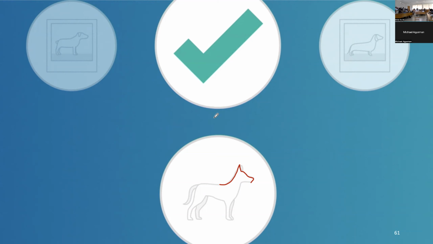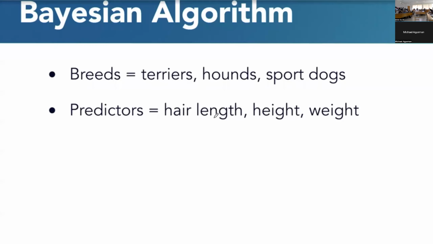Still back to that scenario, we say we want to take some predictors out of these particular dog breeds in order to do some similar classification as we did before, but then we want to use the Bayesian. So we have 3 classes, three breeds we're taking out to look at: whether it's a terrier, a hound, or a sports dog.